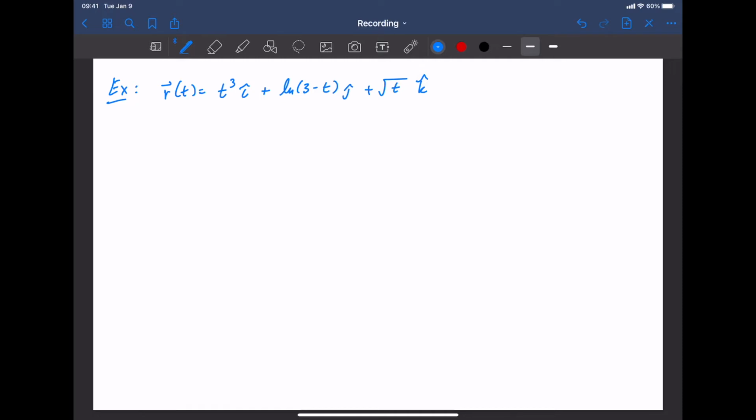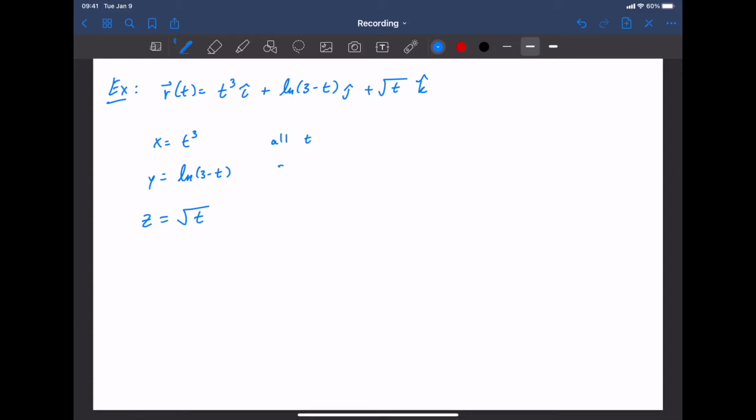3, 2, 1. So if x is supposed to be the i component stuff, and y is the j component stuff, and if you got this wrong, you should try again now that you know what the correct x, y, and z are. The domain of the first would be all t, all real numbers.